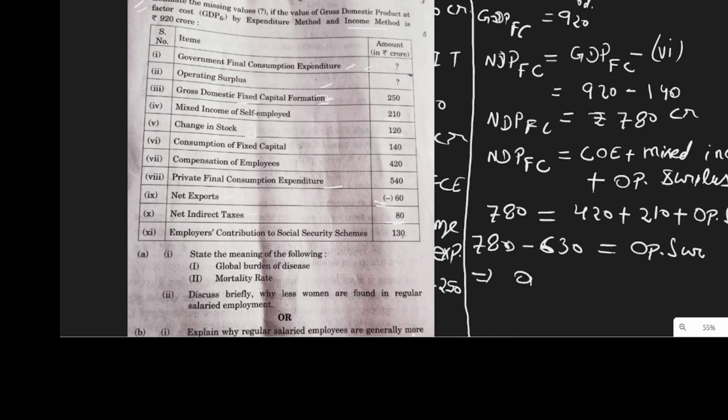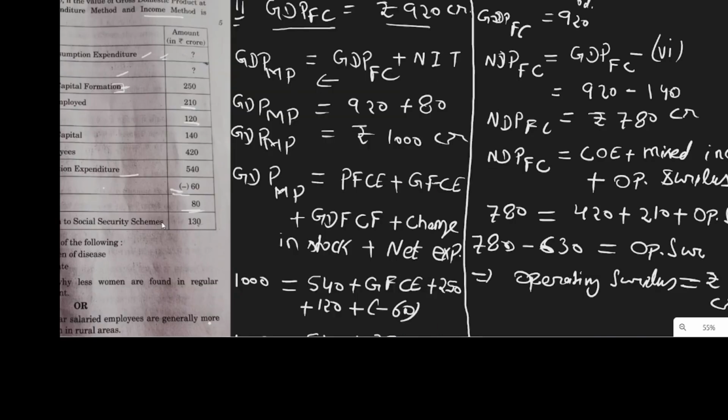We could see that in the first case, when we found the unknown value, that is government final consumption expenditure, that was 150 crore, and here this operating surplus is also 150 crore.